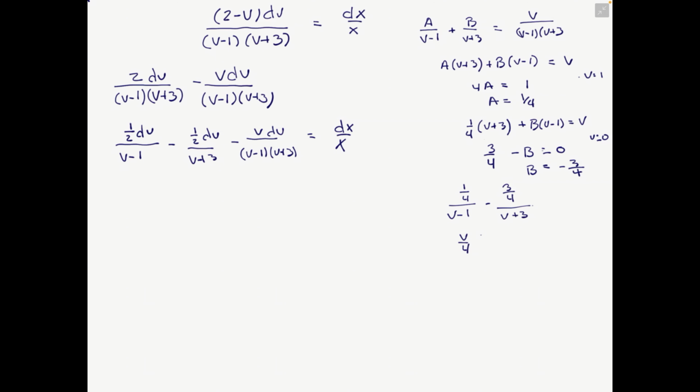We got v over 4 plus 3/4 minus 3/4 v minus 3/4 v plus 3/4.